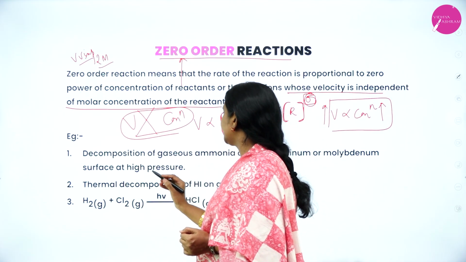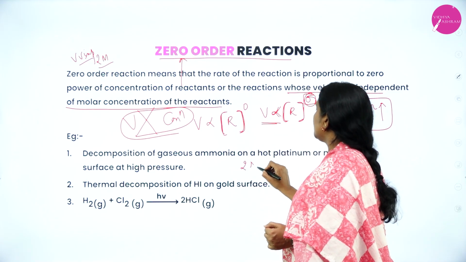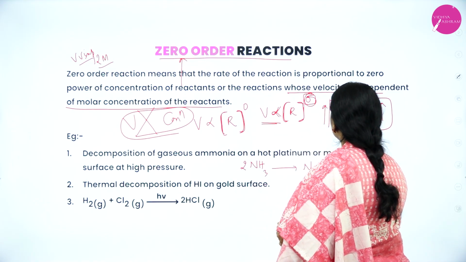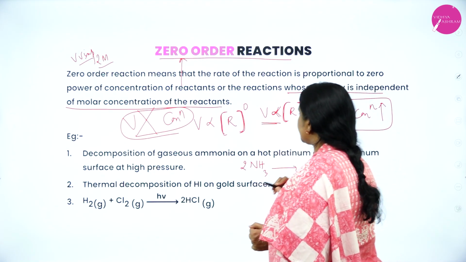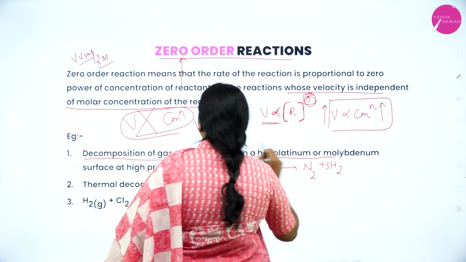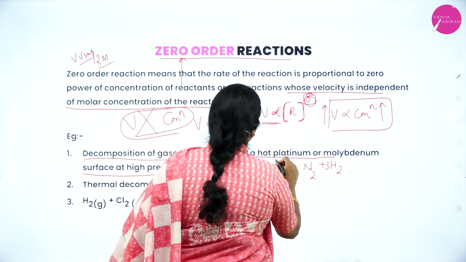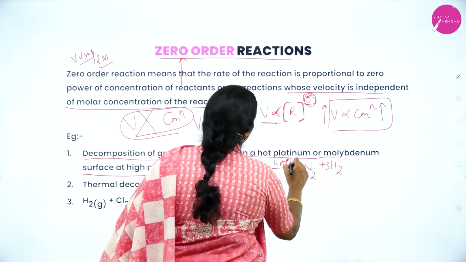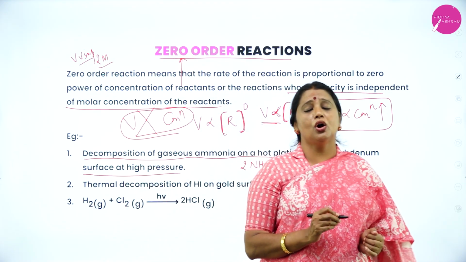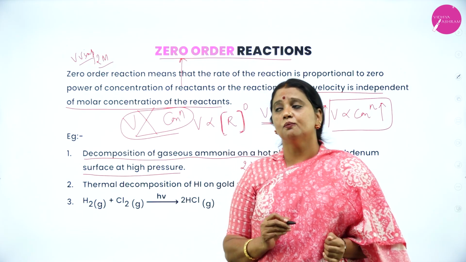Example for zero order reaction: decomposition of ammonia to nitrogen and hydrogen. Decomposition of gaseous ammonia to hydrogen and what? Nitrogen on the surface of hot platinum or hot molybdenum.